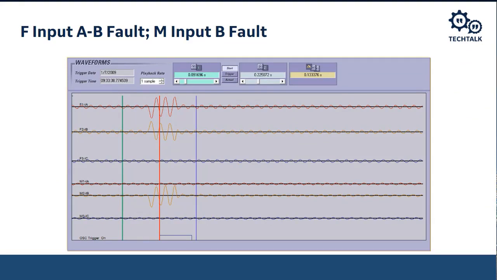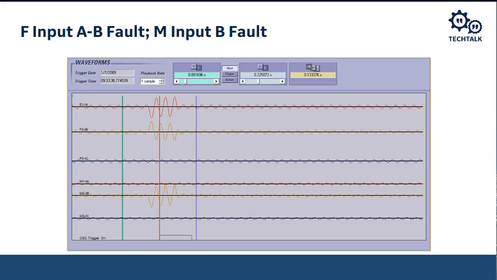Now, the waveforms on the top, the red and the sort of orangish color that's on the top, that's the F1 and the F2 currents. That's IA and IB. So those currents are the currents that we are seeing on the transformer primary, right?